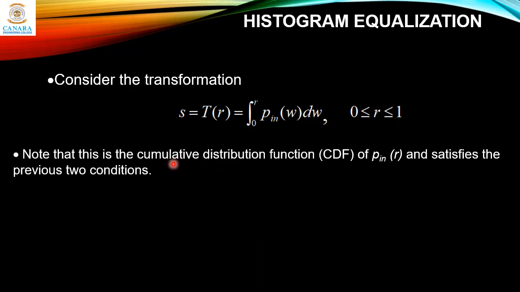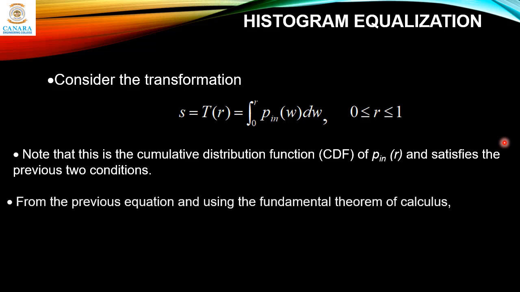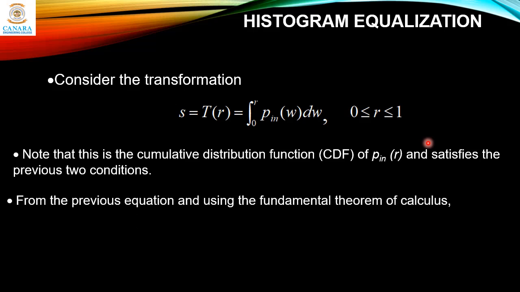This is a cumulative distribution function, CDF. This expression is basically the CDF of P in of R and satisfies the previous two conditions. The conditions, if you recall, are that it is a monotonically increasing function and it should preserve the range from 0 to 1. And from the above equation and using the fundamental theorem of calculus, we can write ds by dr equal to P in of R.